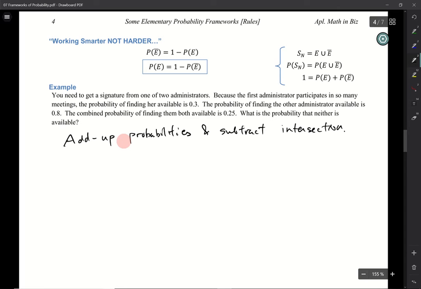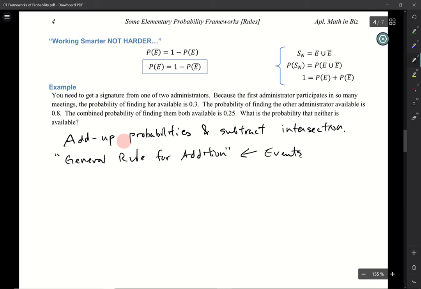Right? So maybe you're thinking about something. Does anyone remember what that's called? The general rule for addition. Clearly, it's about events.